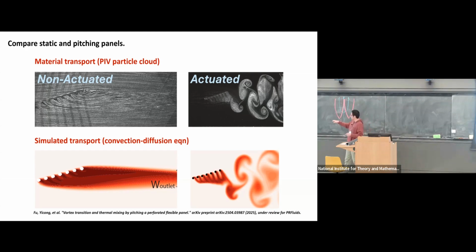So these are the results. Both of them actually resemble what I saw from the experiments, which is great. This is the simulated case, a mass transport. We can see that on the left side, if we don't have motion, the mixing or dispersion is much worse than on the right side, where we have motion.